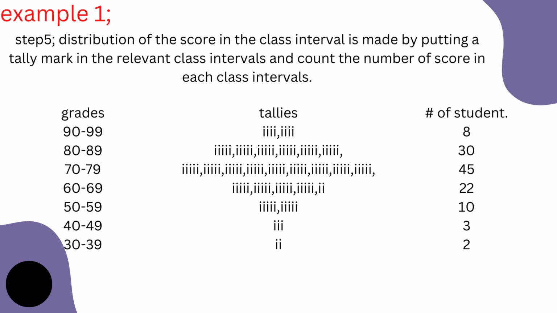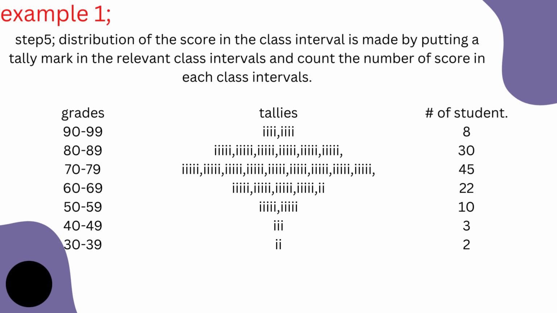From 70 to 79 there are 45 students, grouped in groups of 5, nine groups.